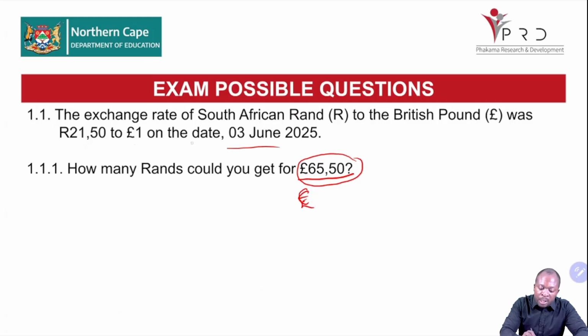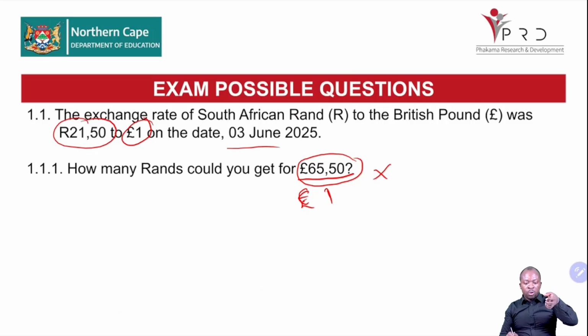Then go to the exchange rate and write the same value, which is pound, and multiply by whatever value is left there. There must be 3 of them. So you start with the value in your question, 65 pounds 50, and divide by the same currency. That way you can cancel out that unit, meaning the money is going to be changed to the other currency, in this case the rand.